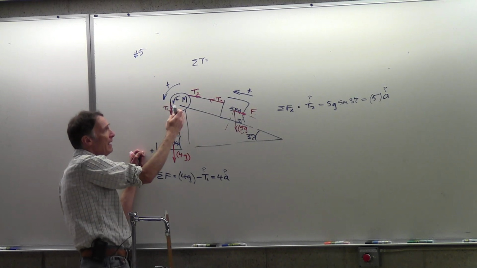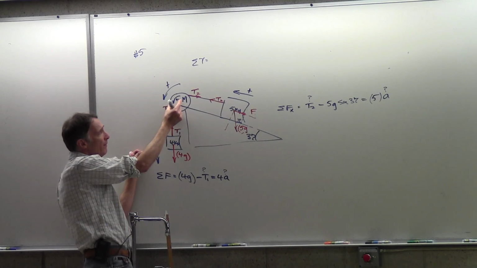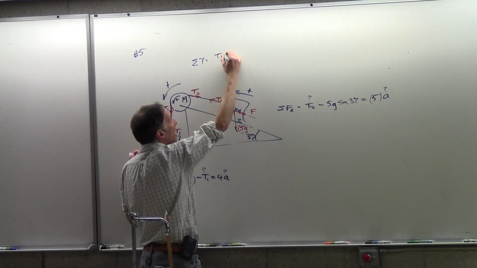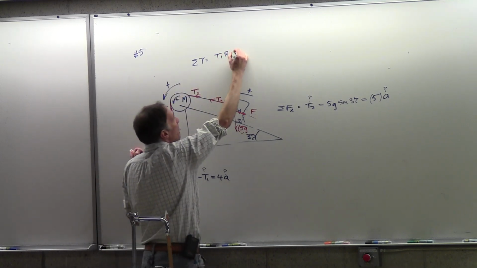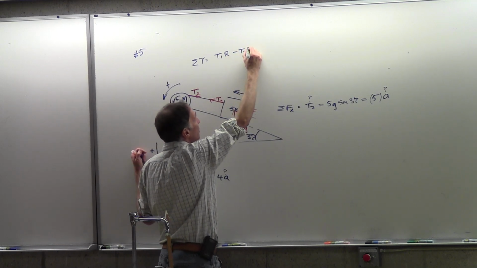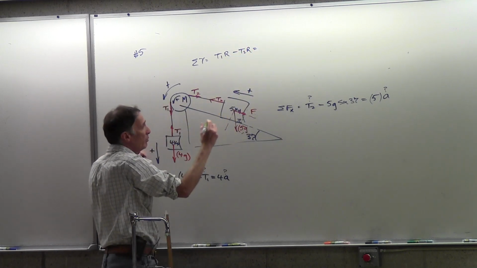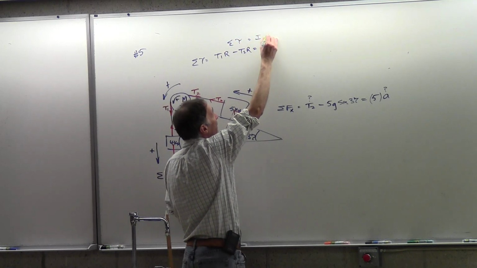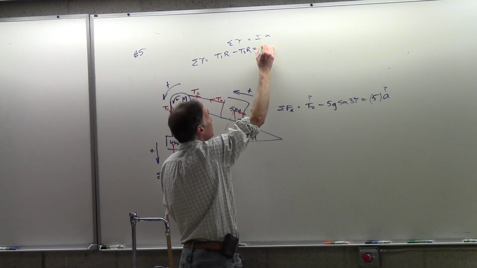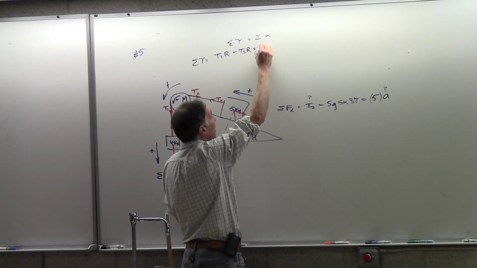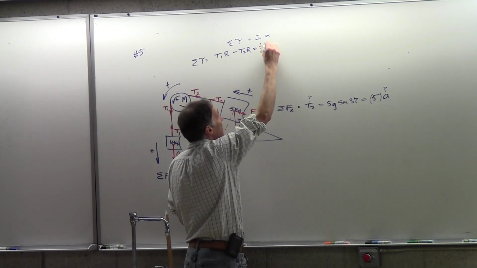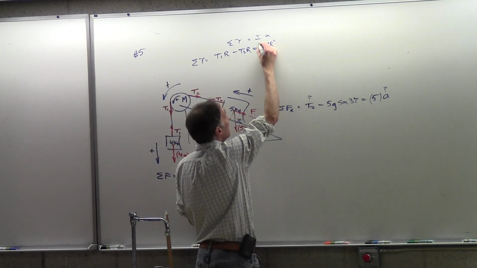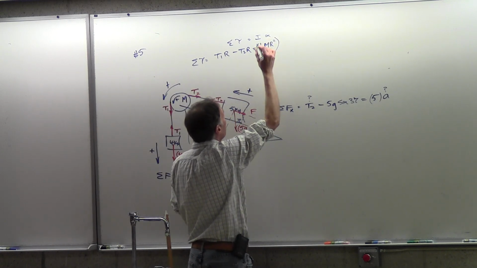So I'll go T times the lever arm of R. So that's T1 times R, that's plus, minus T2 times R, and then that should be equal to the sum of the torques is equal to I alpha, the moment of inertia of this thing, so that should be 1/2 big M R squared, that's I, times alpha.